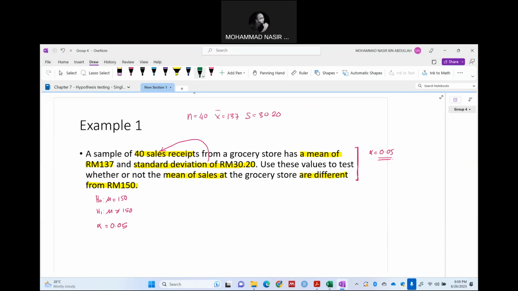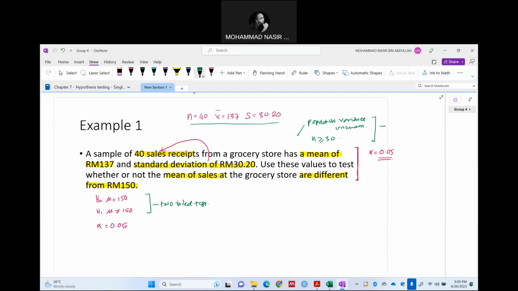Based on the hypothesis, we know that this is a two-tailed test. And the population variance is unknown. In this case, the population variance is unknown and the sample size is more than or equal to 30.